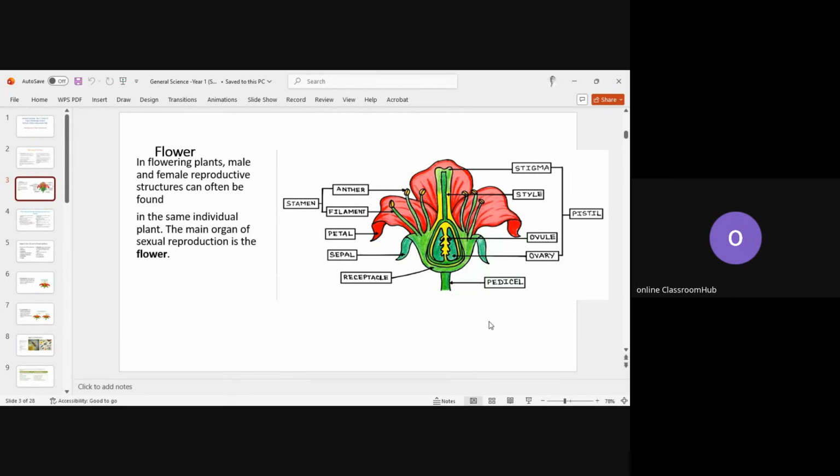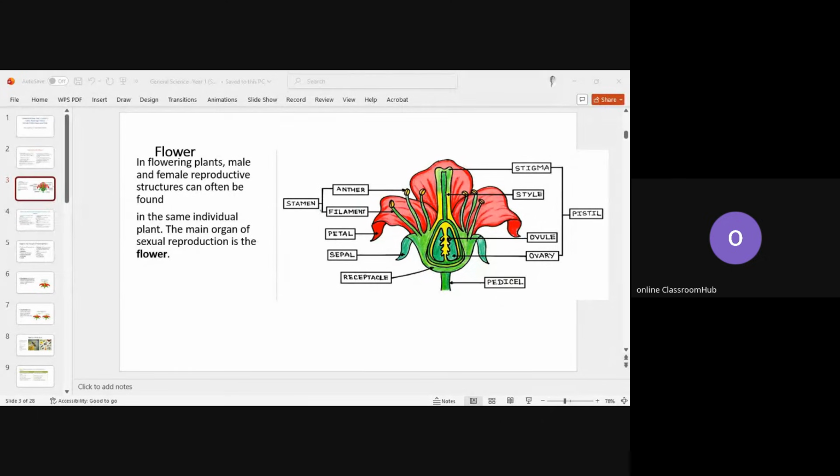Please, in this diagram, there is no pollen tube.